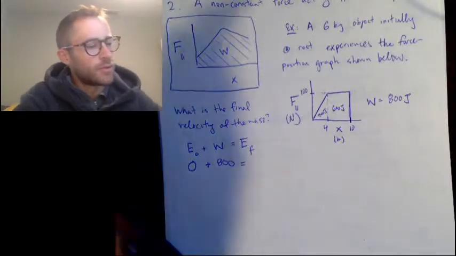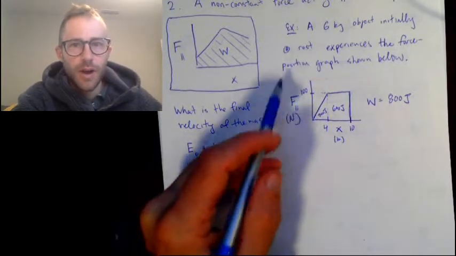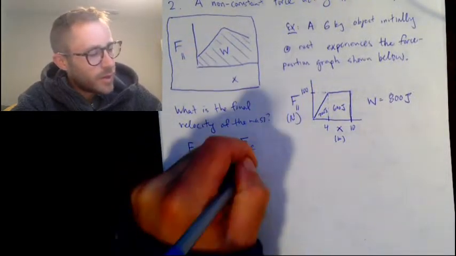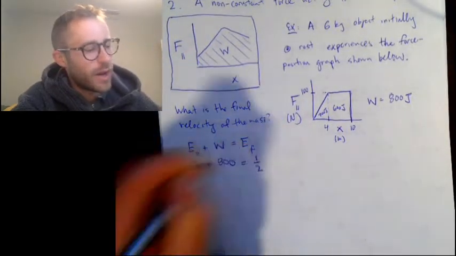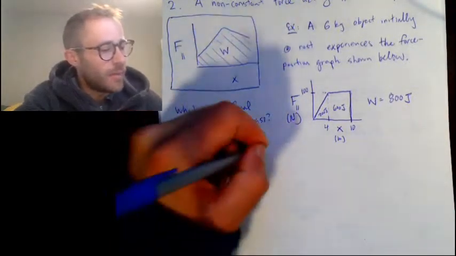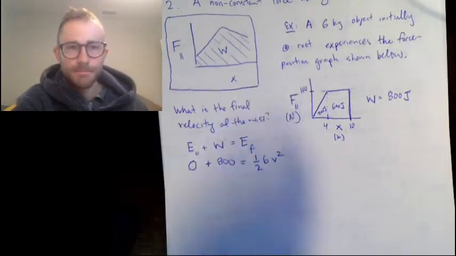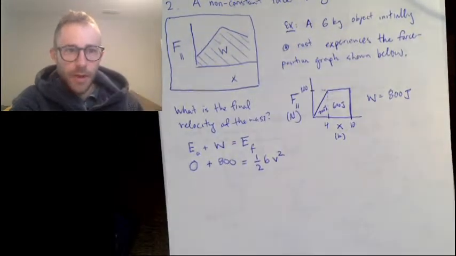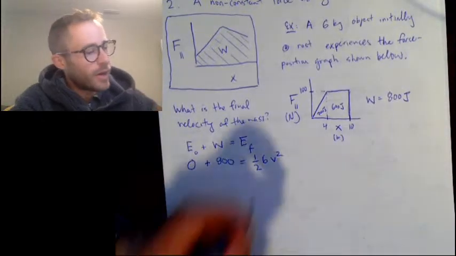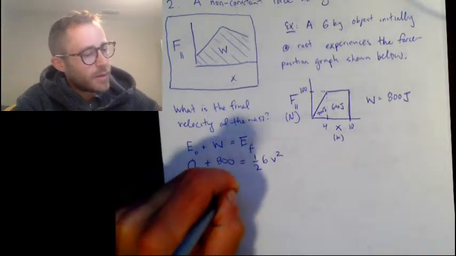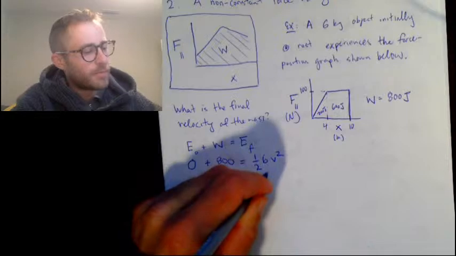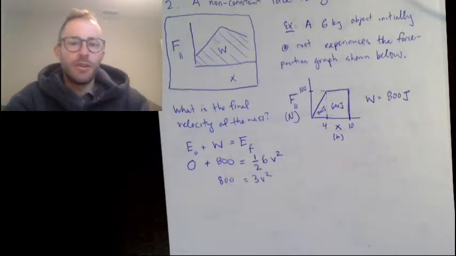Okay? So in this case, the object is speeding up, so this is becoming kinetic energy. So it's 1/2 m, which is 6, times v squared. Okay, so I have 800 equals 3v squared. Divide both sides by 3, take the square root.